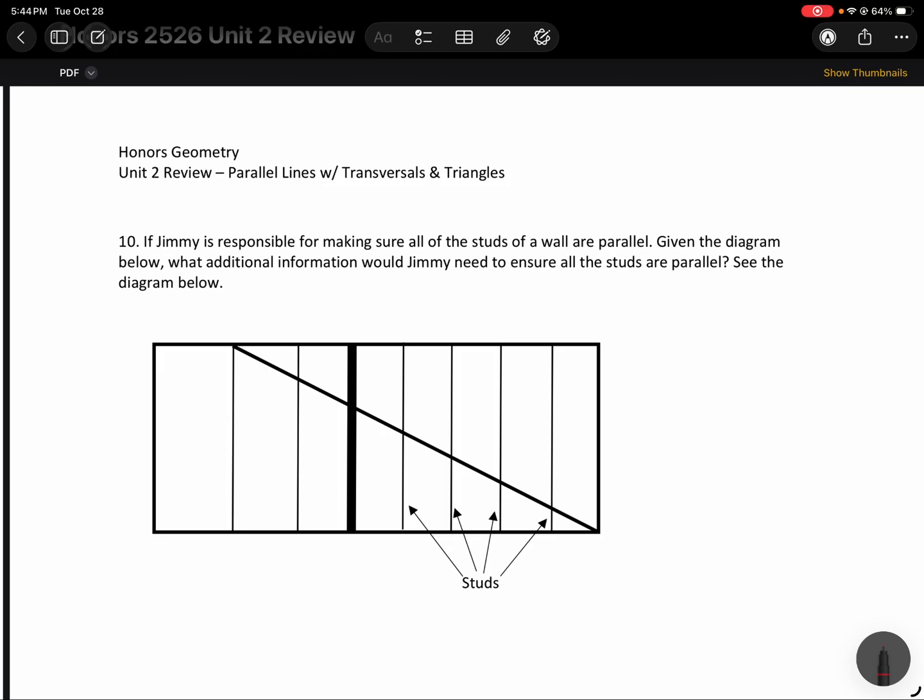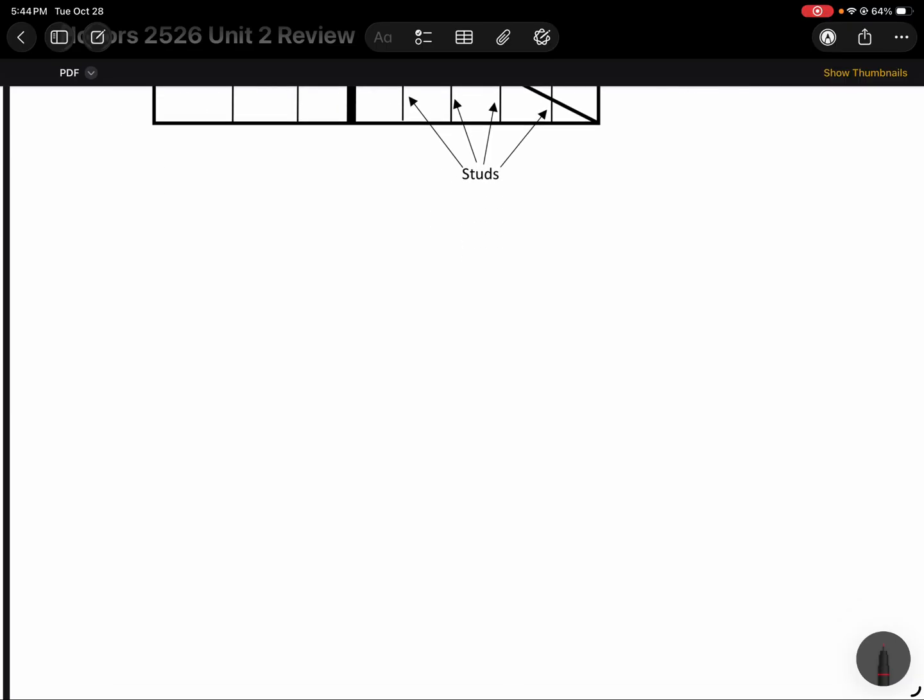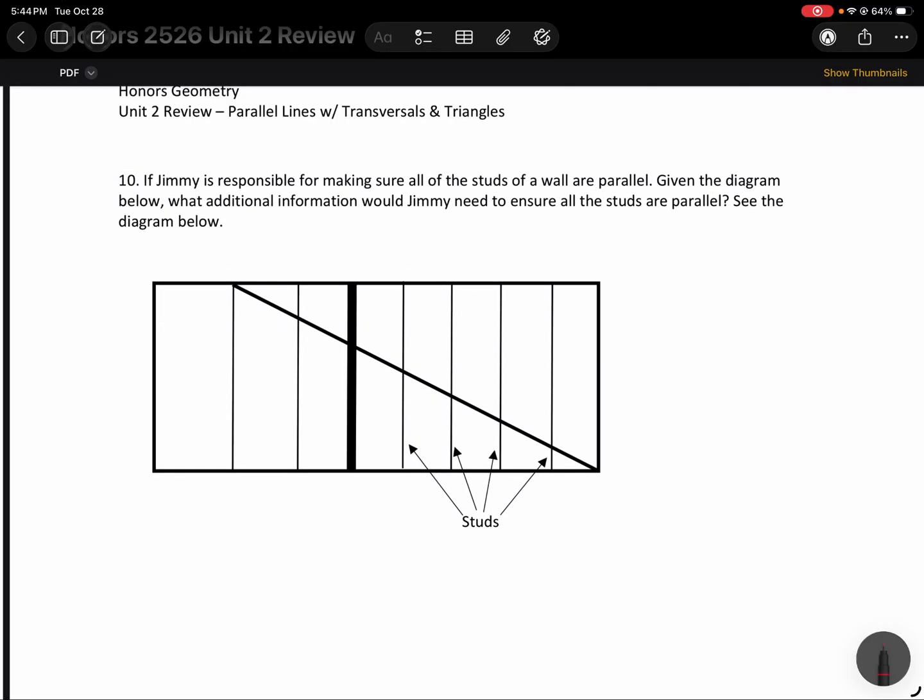Okay, it says if Jimmy is responsible for making sure all of the studs of the wall are parallel, given the diagram below, what additional information would Jimmy need to ensure that all studs are parallel? See the diagram below. Looks like this is a completely theoretical question.